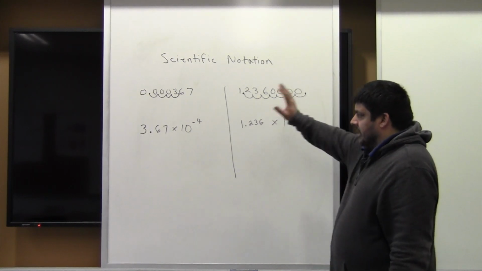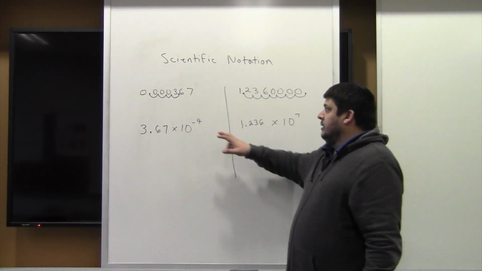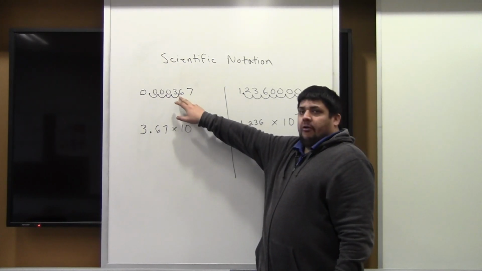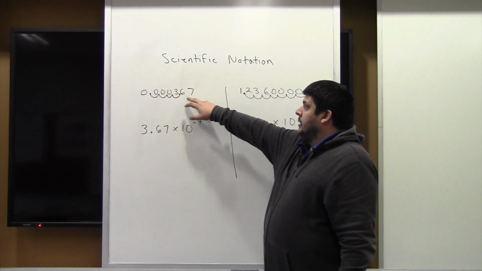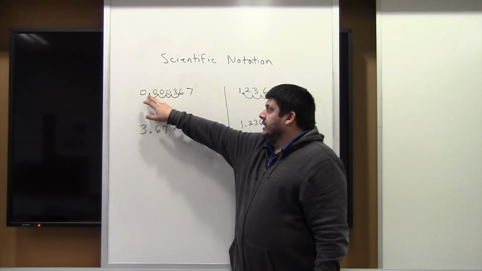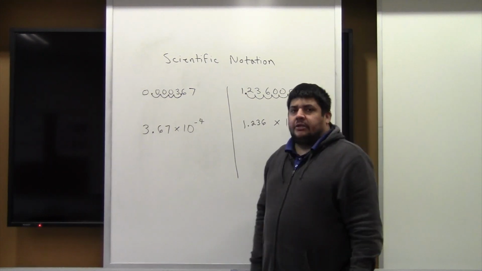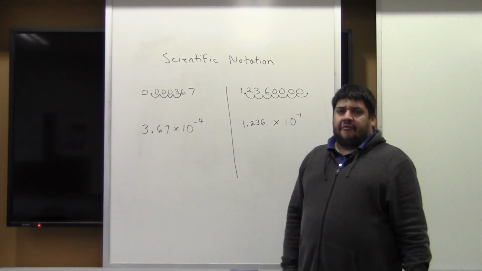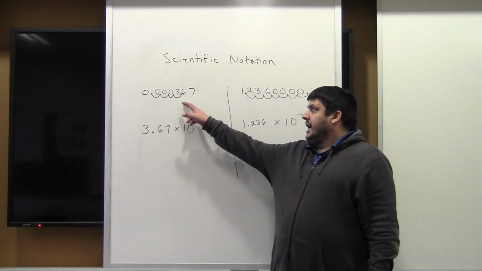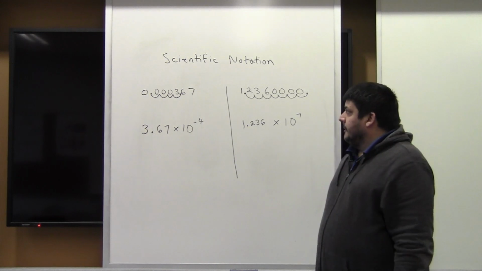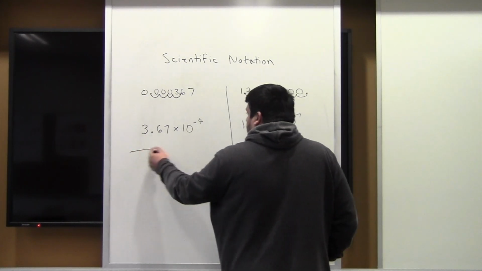So, let's break this down real quick as a recap. You take the number itself, start at the decimal point, and you move it to the right of the first non-zero digit. Okay? And you count that, and that's the number that you put there. Let's do an example of this one down here.